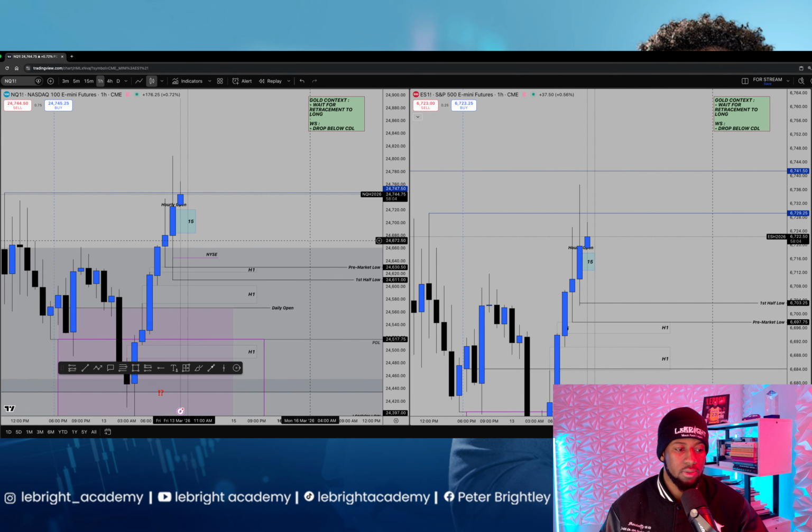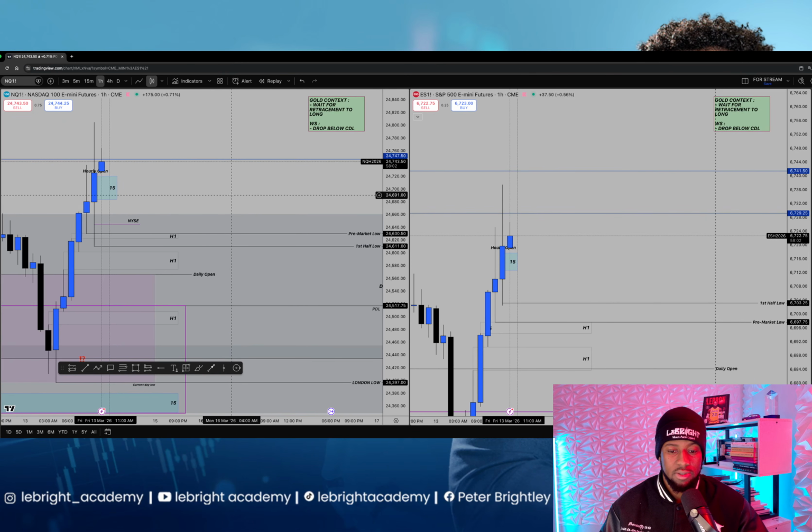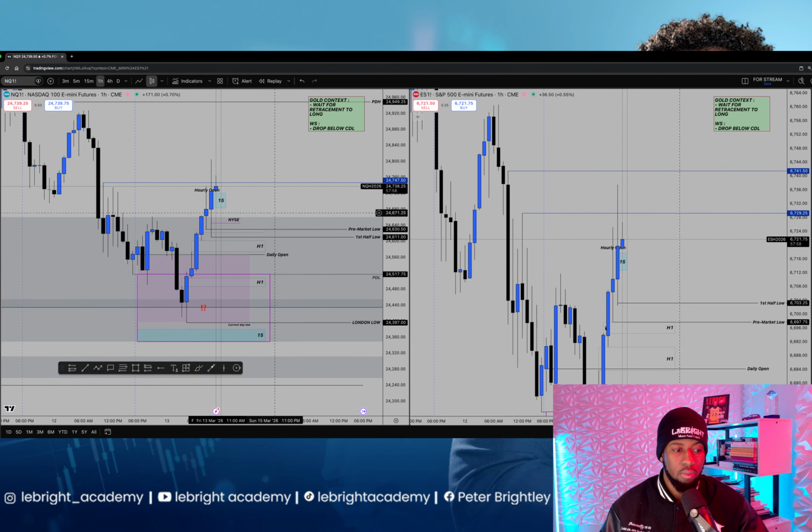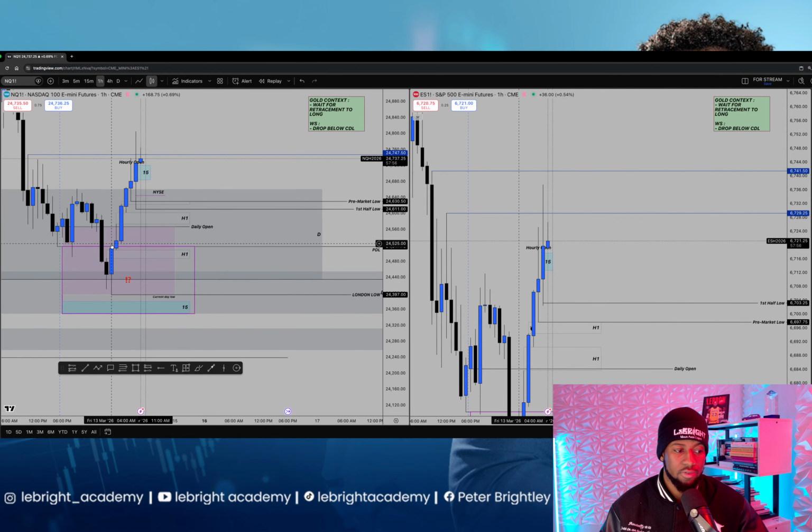Yeah, the context remains the same, guys. I'm still bullish, but I need a retracement. After all of this, we have another hourly bullish candle. I still want to see a retracement to go higher.